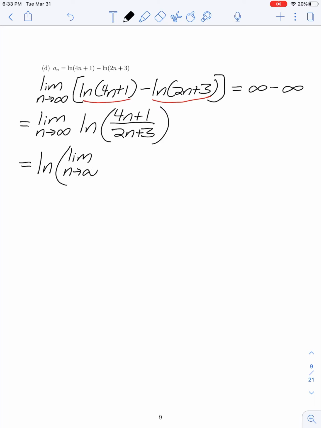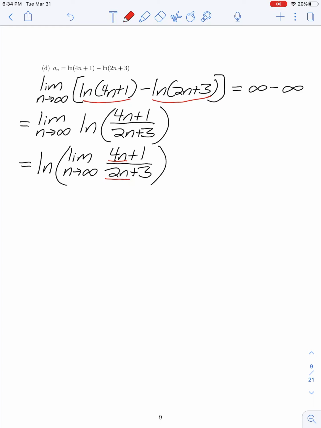And since the natural logarithm is a continuous function, we can take the limit inside of that logarithm. So I've got the natural log of the limit as n approaches infinity of 4n plus 1 over 2n plus 3.